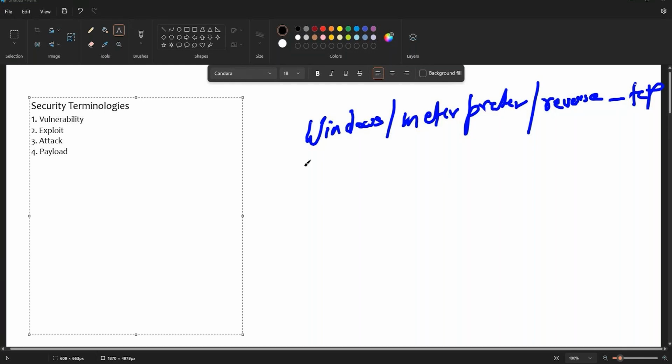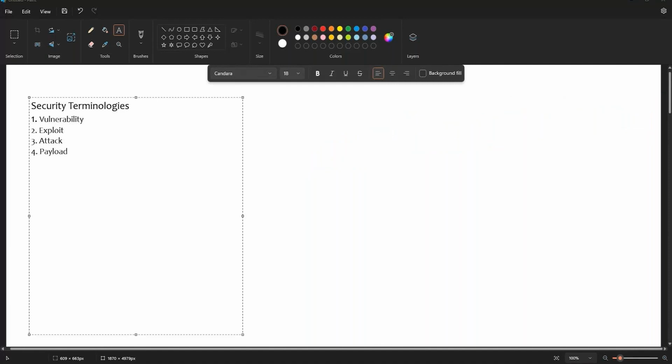By the name it is showing that the payload is for Windows and it will give a reverse TCP connection to me. The payload which I'm sending is the Meterpreter. Meterpreter is the whole payload. That is how payloads look. In simple terms, payload is something that supports your exploit.